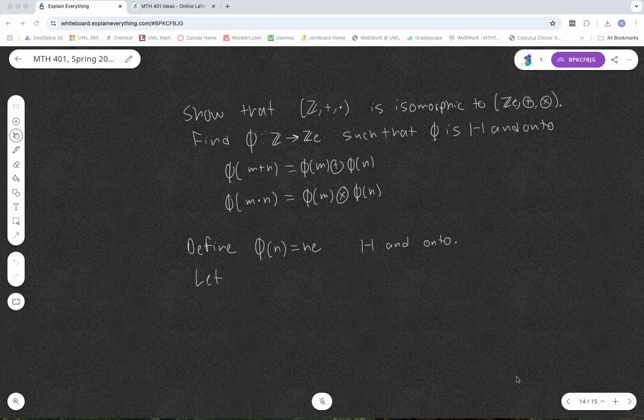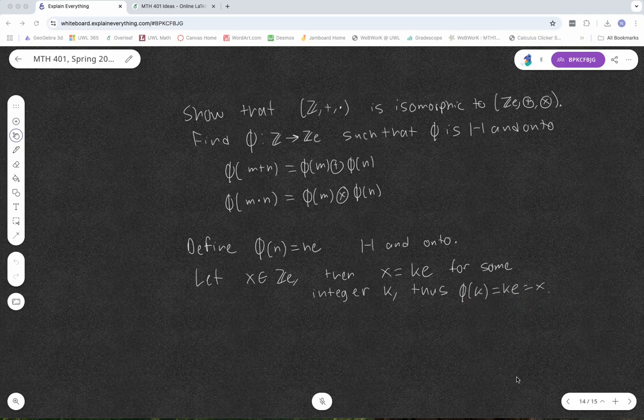Let x be in Ze, then x equals ke for some integer k, thus phi of k equals ke equals x.